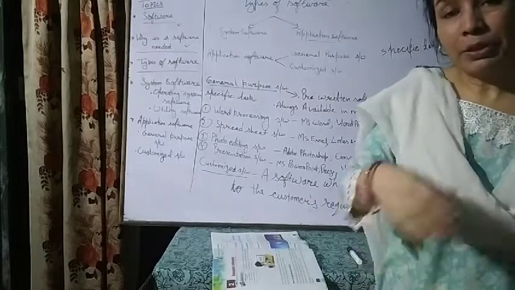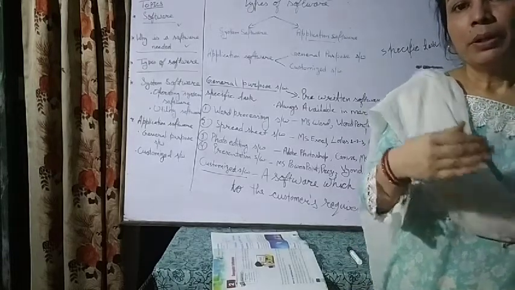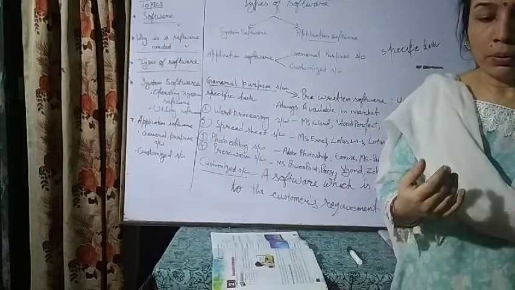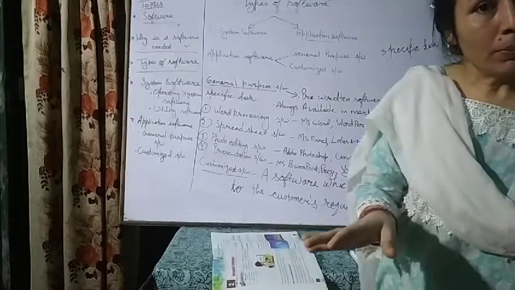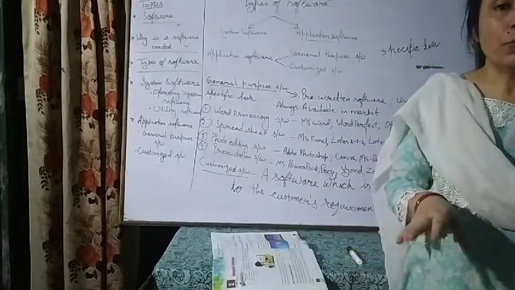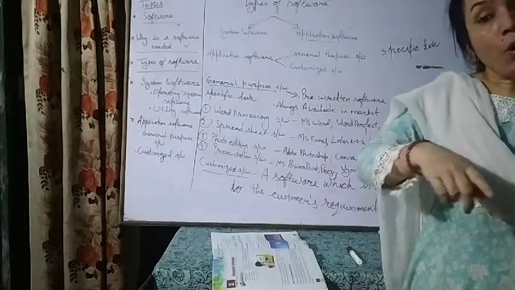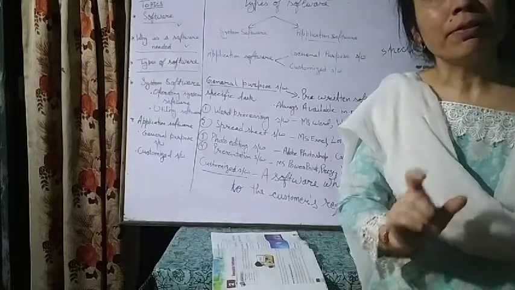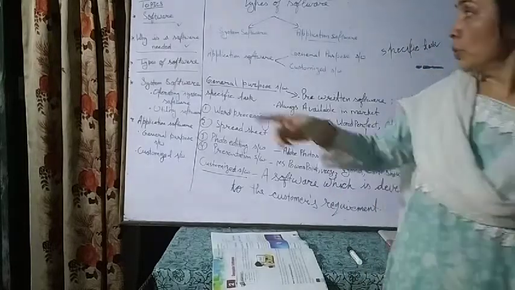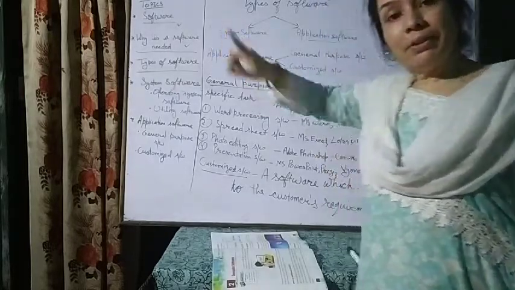I gave you the example of the desktop. Through the desktop only can we work on the computer. If the desktop is not there, we will not be able to open programs. So the operating system provides us an interface to work on the computer.